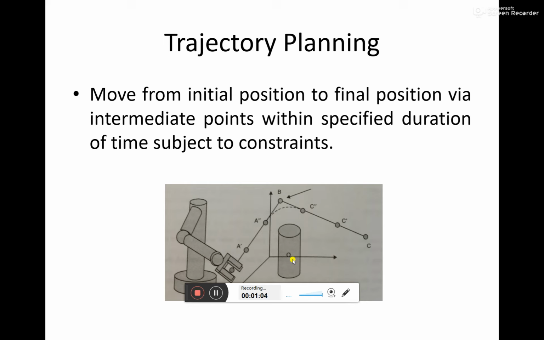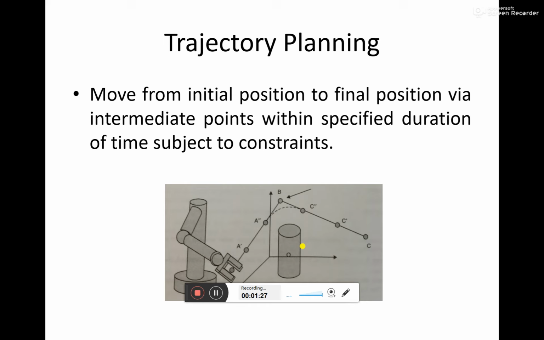To perform the job and during the operation, the manipulator has to move to the target point. For example, I want to make the robot arm perform a certain welding operation. So that robot arm or gripper or robotic manipulator should reach the object to perform the welding task in a proper way.